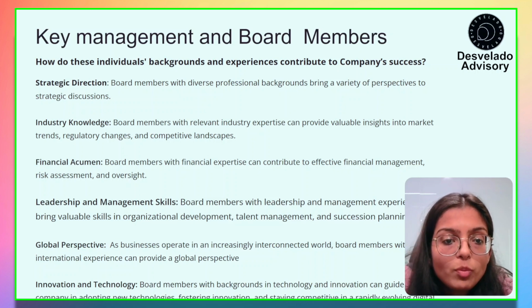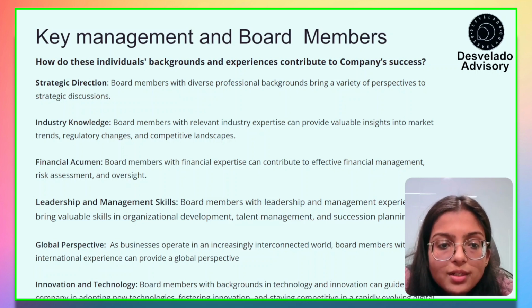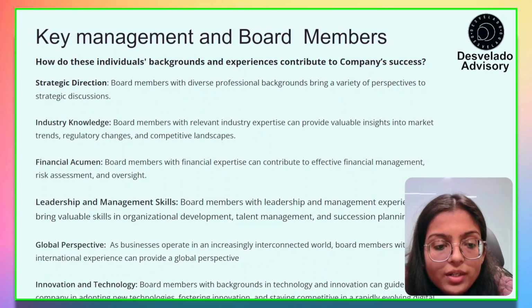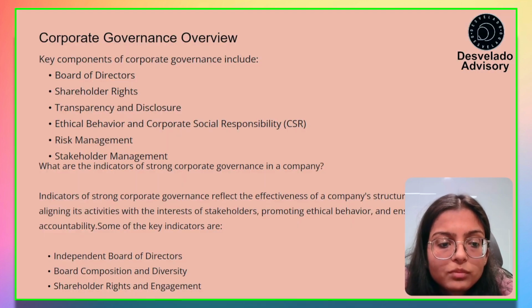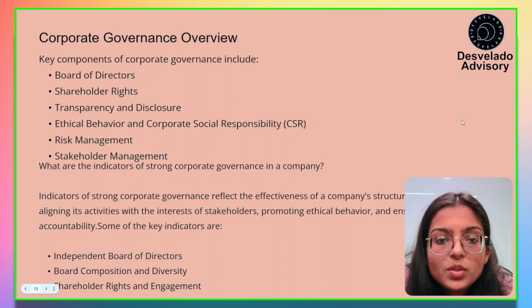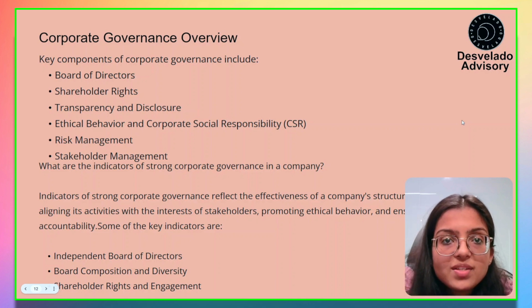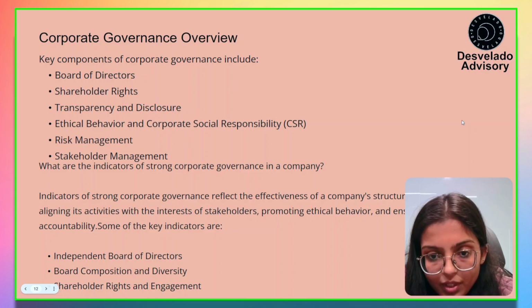And then global perspective. Businesses operate in an increasingly interconnected world. Board members with international experience can provide a global perspective. Coming to the next slide, which talks about corporate governance overview. Now, what is corporate governance? It refers to the system of rules, practices, and processes by which a company is directed, controlled, and operated.